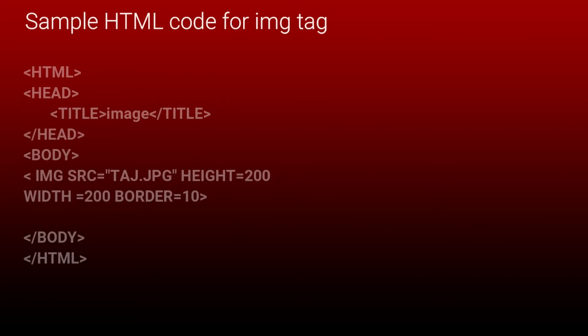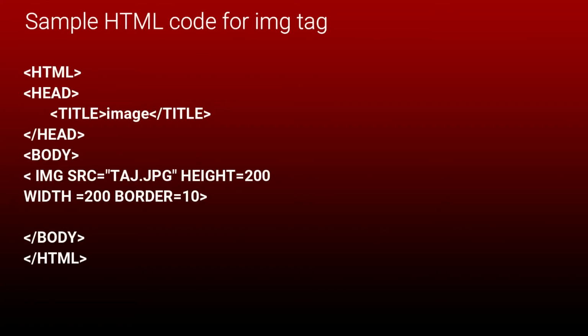This is the sample HTML code for the image tag. Here I have written img src equal to touch.jpg, where touch.jpg is the name of the image, or the source of the image.